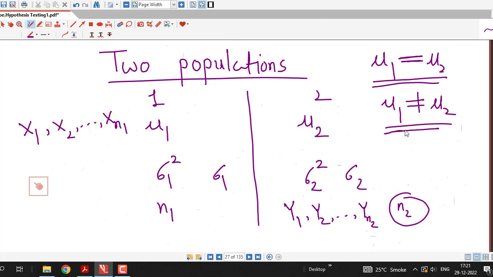Then how to test this hypothesis? This is the null hypothesis and this is the alternative hypothesis.